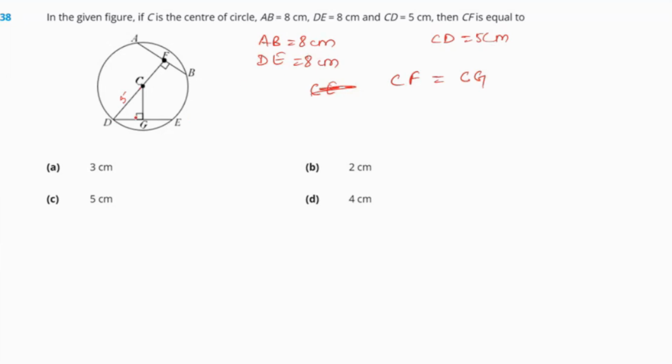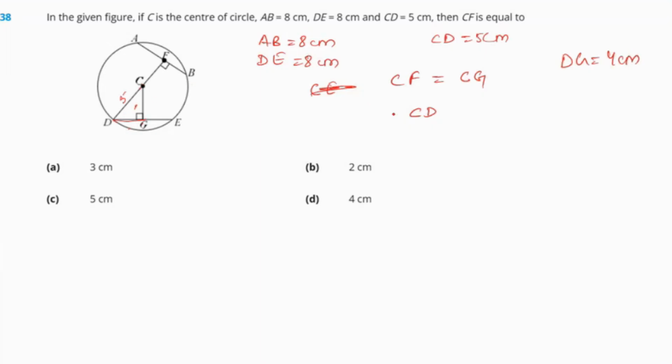Now if we go to the right angle triangle CGD, we can see that the value of CD is 5 centimeters, and G is the midpoint of the chord. So the value of DG needs to be 4 centimeters.